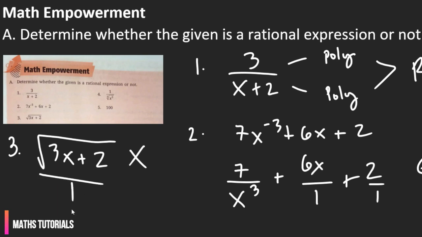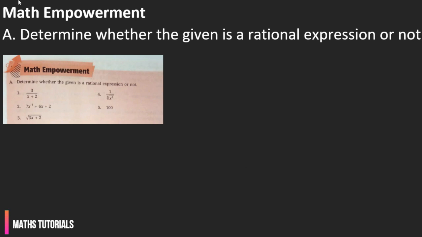Alright? For number 3, the given is square root of 3x plus 2. And as discussed, it is not considered a polynomial. Therefore, even if we put 1 below it, it is also not considered a rational expression because the numerator is not a polynomial, because it is a root of a binomial. Alright. Okay, for number 4, we have here 1 over cube root of x raised to 5.